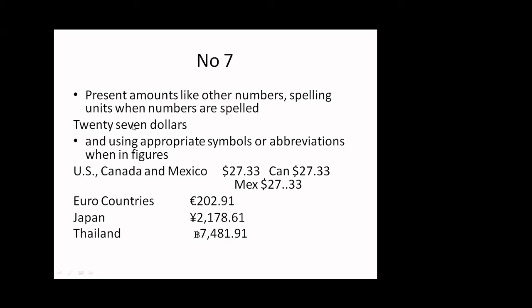Suppose you are not using words, you are using symbols and figures like this. So you can use it like this: $27.33. So this is the US. Suppose you want to mention specially Canadian dollars, Mexican dollars. So you are supposed to use it like this: Canadian dollar, Mexican dollar.